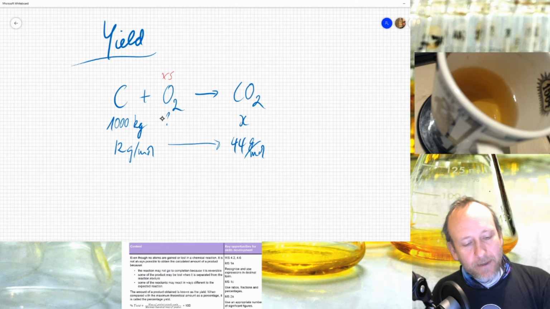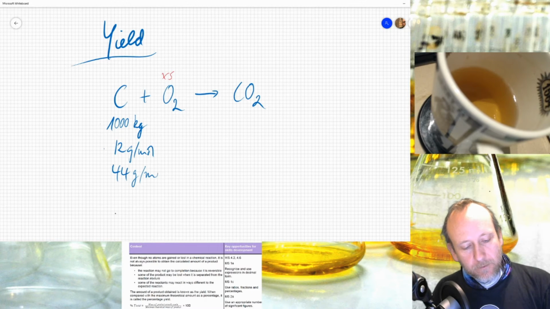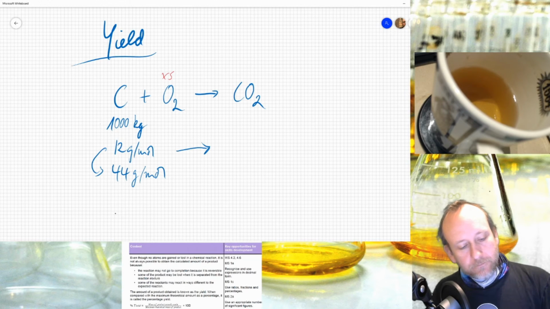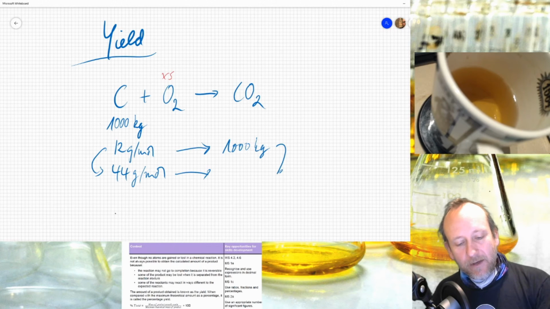And in a similar way, 1,000 kilograms will produce in a ratio however many kilograms of carbon dioxide. So 12 grams will give me 44 grams in the end. Okay, so whatever I have to start off with, which is my 1,000 kilograms, will behave in a ratio exactly the same way.